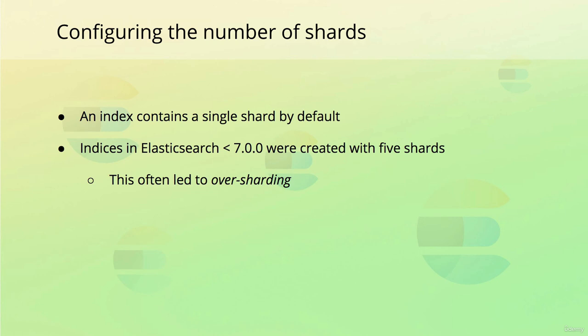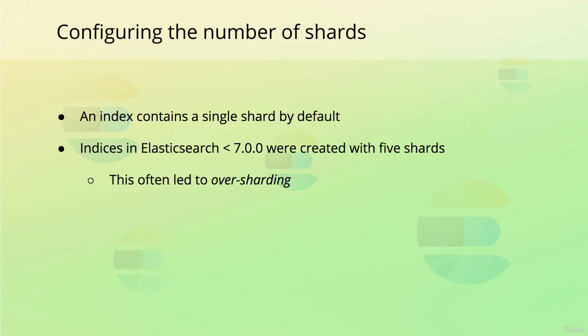At the same time, it was previously not possible to change the number of shards once an index had been created. So what you had to do when you needed to increase the number of shards was to create a new index with more shards and move over the documents. This was not only inconvenient, but could also be a time-consuming process.